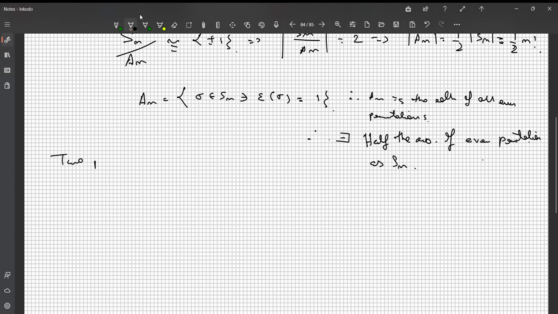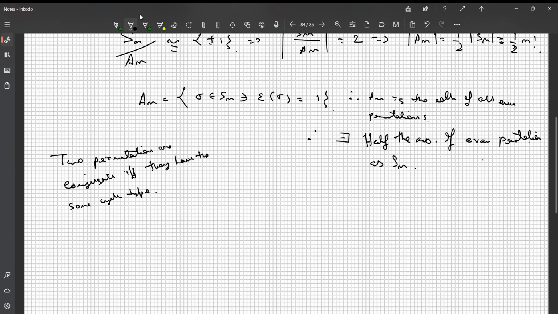Clear? If you know about the conjugates of a permutation, which I have not yet discussed, but if you know about it, then you should also know that two permutations are conjugates if and only if they have the same cycle type.